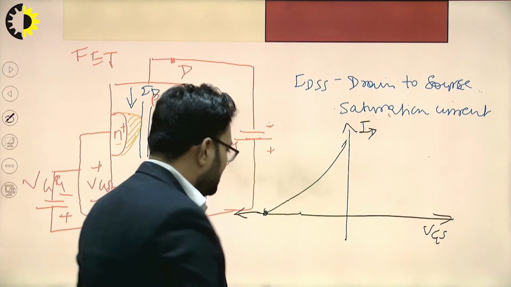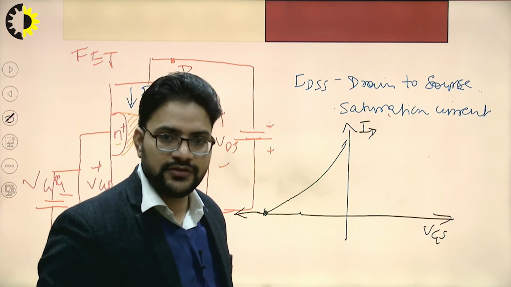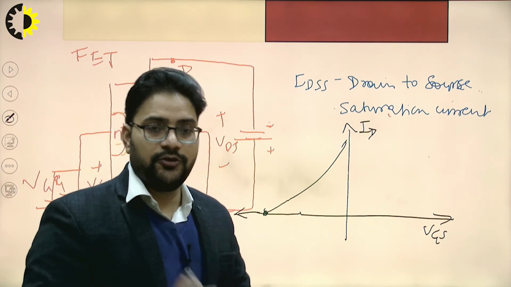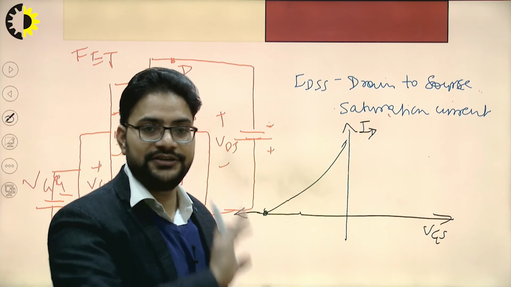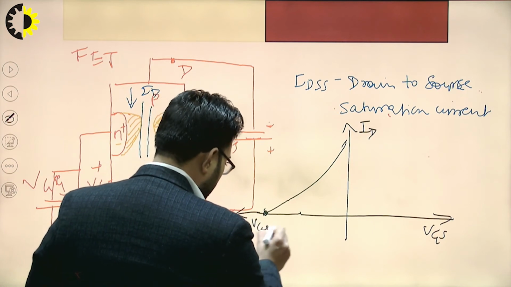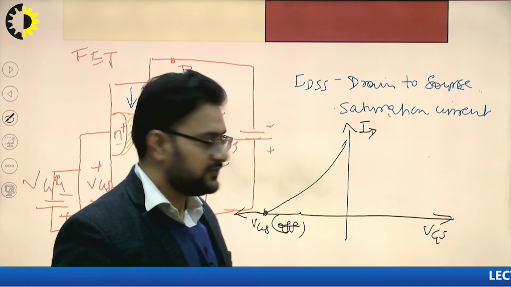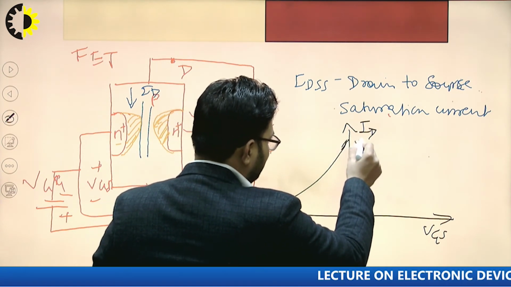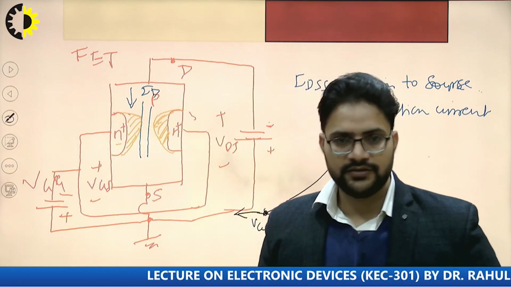A point will occur when the channel will completely disappear, or you can say the complete depletion layer will be formed, and it will cause the channel to disappear. This voltage is called VGS off, or VGS cutoff. And this maximum current whenever VGS equals 0 is called IDSS, the drain to source safe current, or drain to source saturation current.